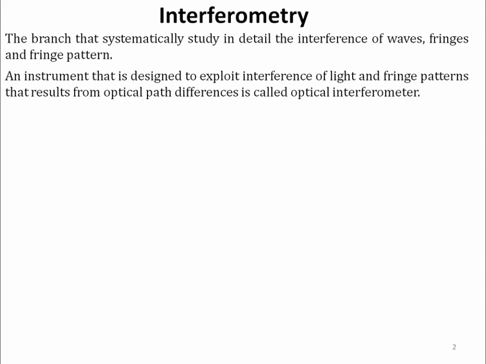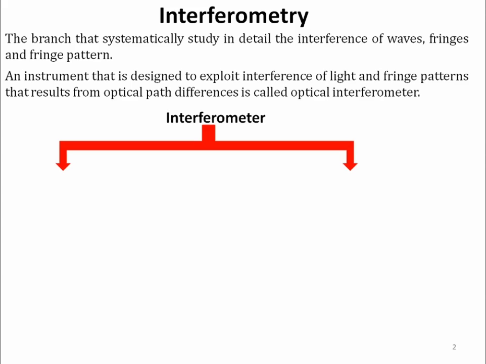So an interferometer very systematically tries to put light in different optical paths, and then makes use of that to study the interference effects. And interferometers are broadly classified into two categories based upon what basic principle of light division they employ to create interference effects.